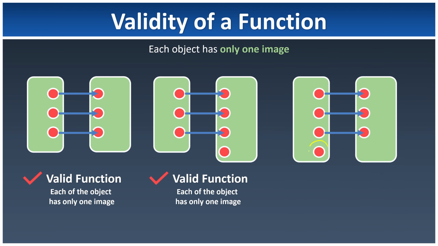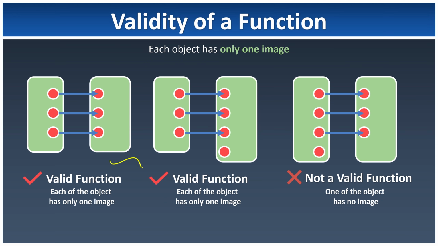With one extra choice, but it does not have any image. That's the problem. The rule says that each object must have only one image. So if you have zero images, this is not valid anymore because this object does not have any image. So you can have extras in the codomain, but you cannot have extras in the domain.